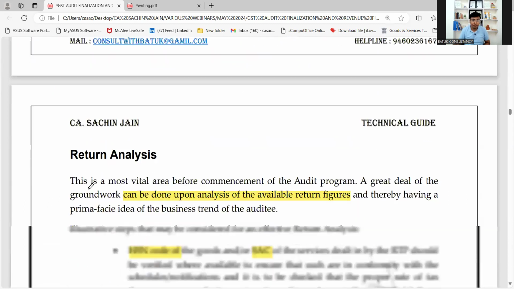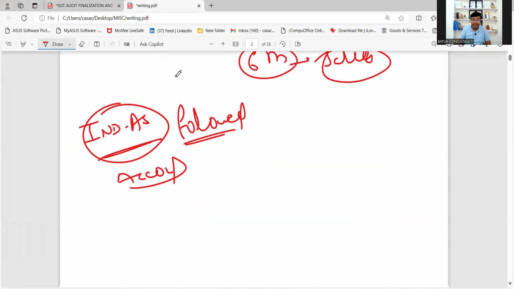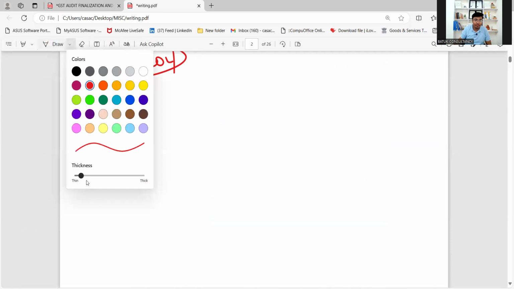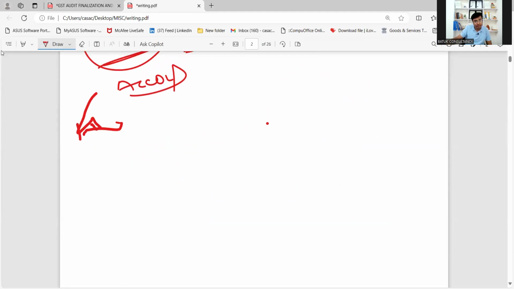Okay, now return analysis. Sir, many times what happens is, we are just demanding the reconciliation while doing the GST audit, while doing the business audit. We are demanding various reconciliations.